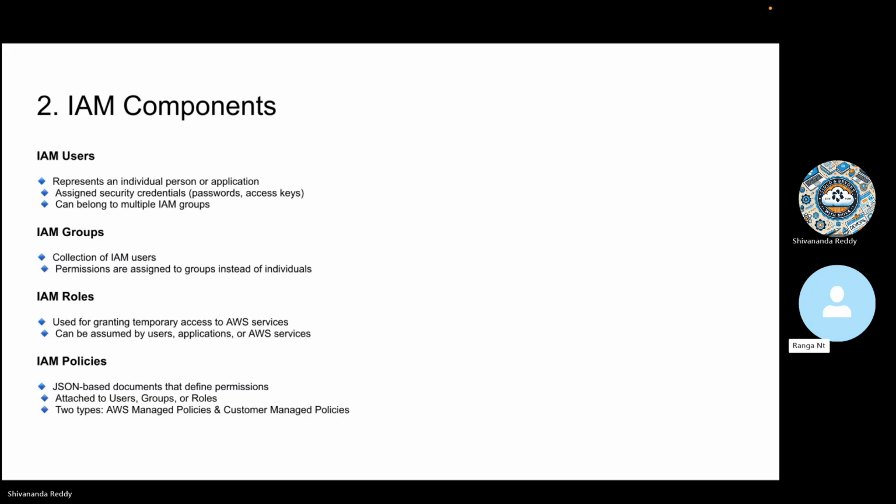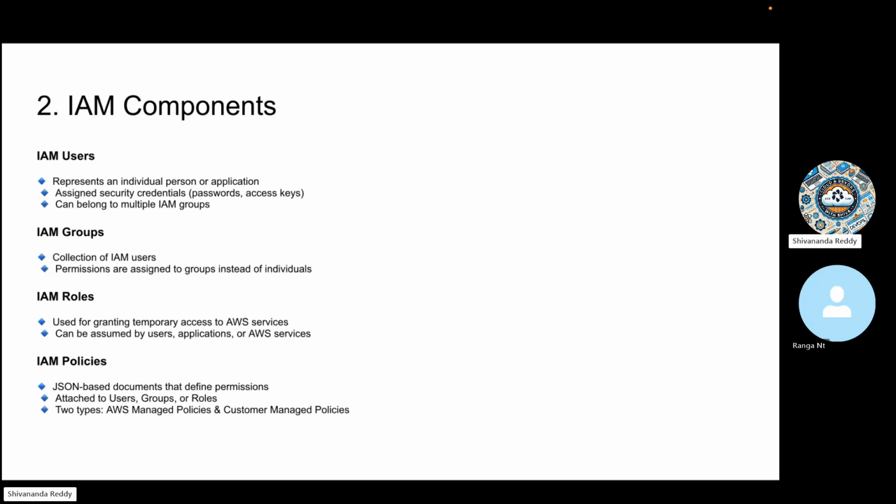I didn't mention that here, so I'll add it there later. So managed policies and inline policies. Managed policy has two types: AWS managed policy and customer managed policy. Inline policy is a single one.